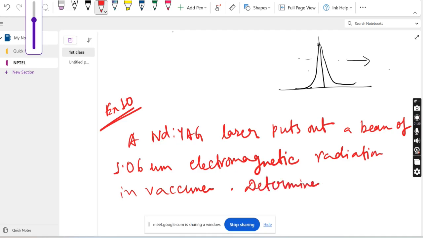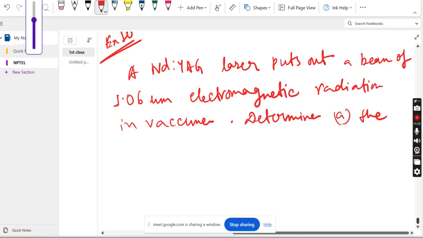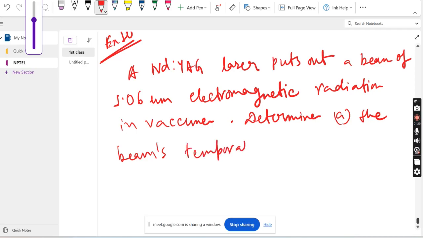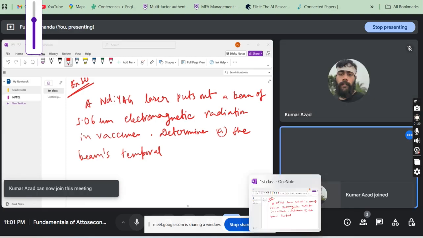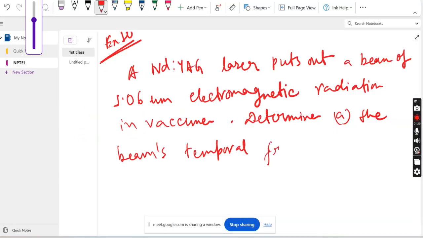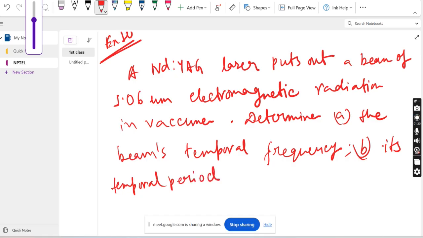Determine its temporal period, frequency, and its spatial frequency.